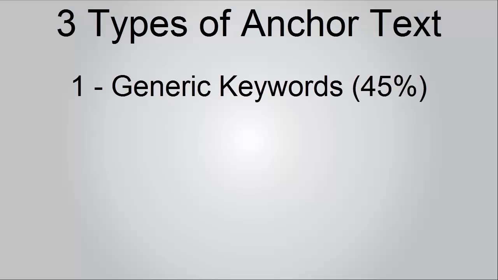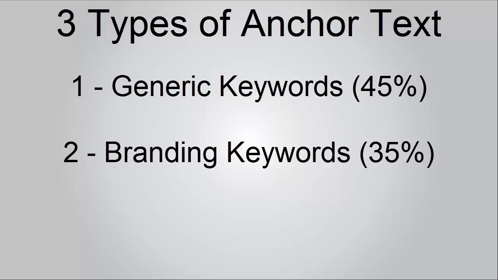This makes it very easy to be natural and just type as if you're speaking without having to go out of your way to overload it with the keyword you're targeting. All right, secondly, we have branding keywords. Branding keywords are those which relate to your business, your website, your product. Any of those names can be used as the anchor text in this case, and that's not going to get you in trouble because you should be ranking for your branding keywords.